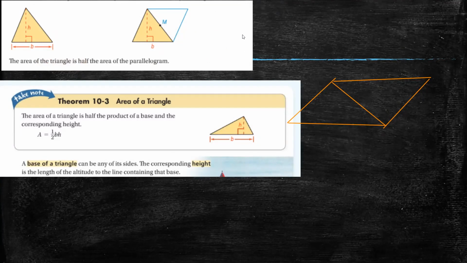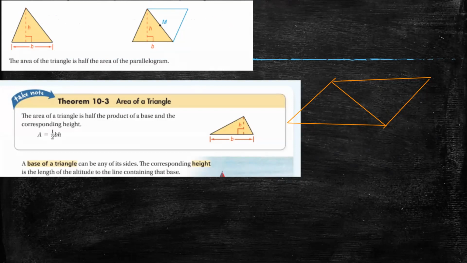Here you have a parallelogram. If you bring a line segment and cut this parallelogram into two equal halves, what will you have? We will have a triangle. As you see here in this picture, if you cut this parallelogram into two equal halves, you have a triangle. So the area of a triangle is half the area of the parallelogram.